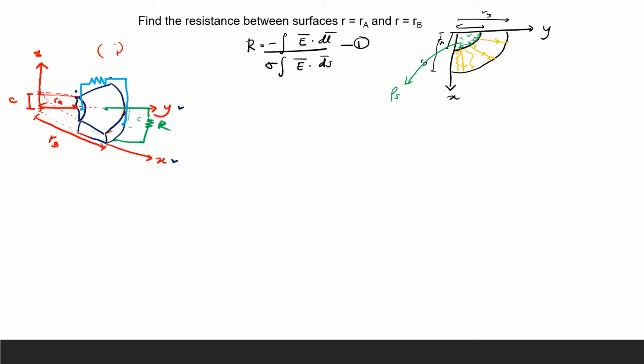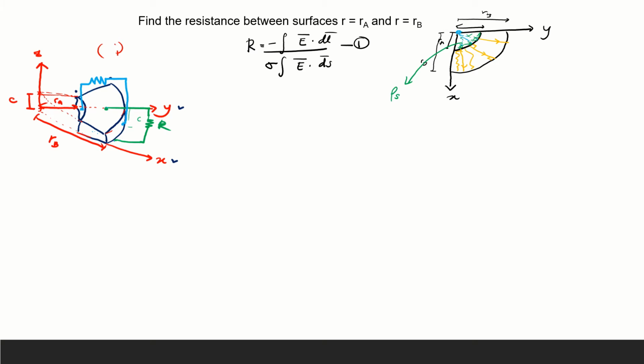Also, if you look at all these electric field lines and these charges and converge them, you can see that they actually come from one focus point. All this electric field and charge can be focused at the origin.